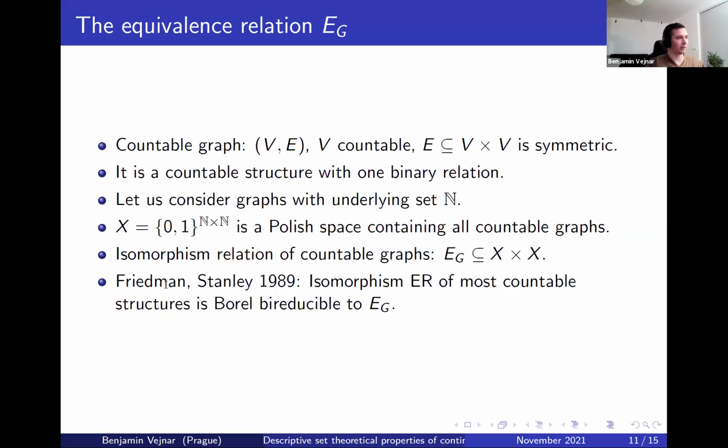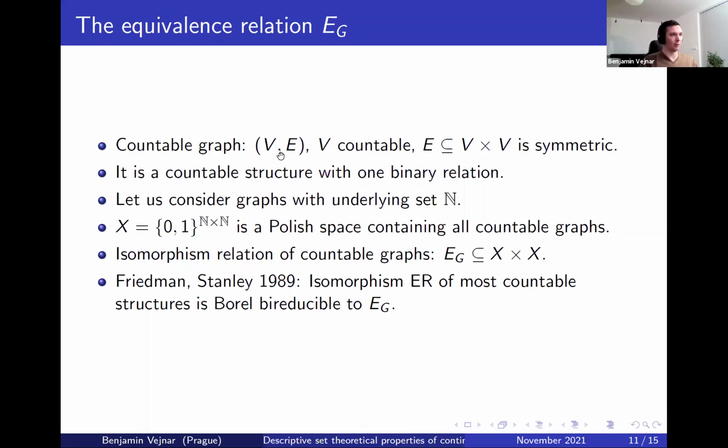Well, in fact, three decades ago, Friedman and Stanley proved that the isomorphism equivalence relation of most countable structures is Borel bireducible to this EG, but countable graphs are kind of the simpler ones. Another structure which is also simple and whose isomorphism equivalence relation is of the same complexity are countable linear orders.